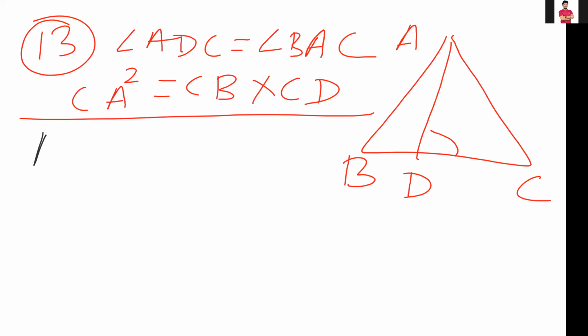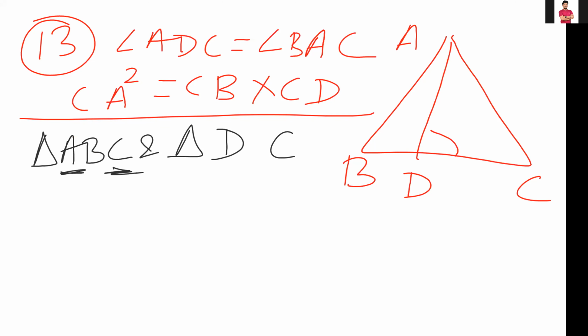Now, if I am writing triangle ABC, and angle A is equal to what? D. So A की जगह पे D रख दो. C is common to both. So C is here. So it becomes DAC, correct? Yes, sir. Now, these two triangles are similar by AA test.